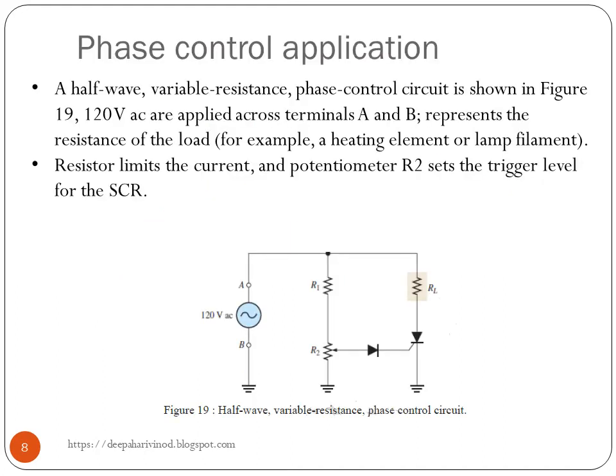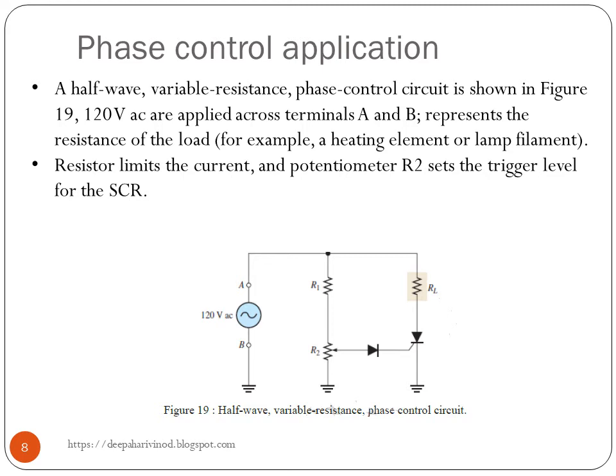Phase controlled application. A half wave variable resistance phase control circuit is shown here. 120 volt AC supply voltage, and across terminals A and B is the resistance of the load. The resistor limits the current, and the potentiometer R2 sets the trigger level of the SCR.